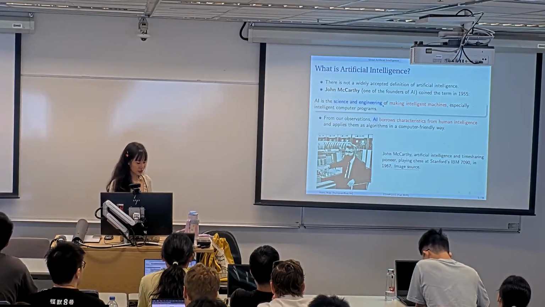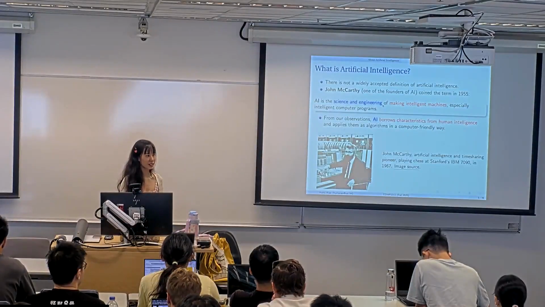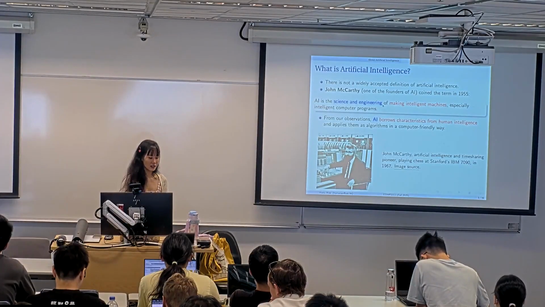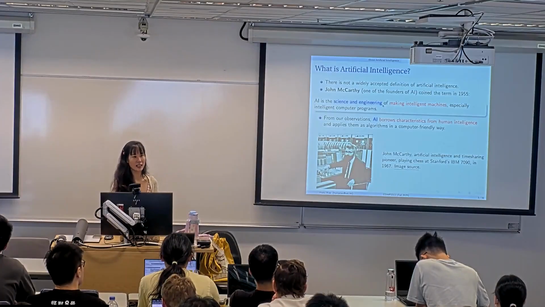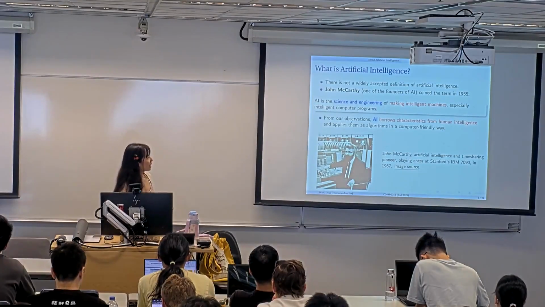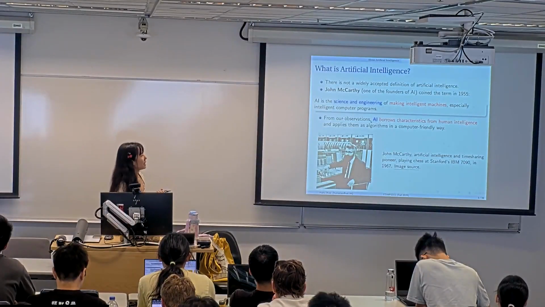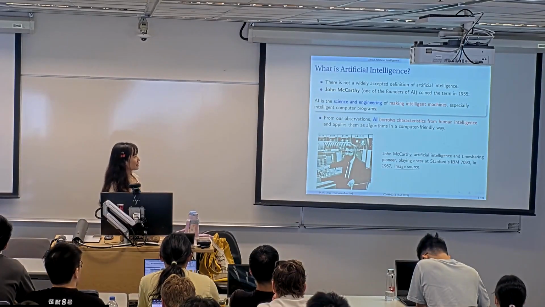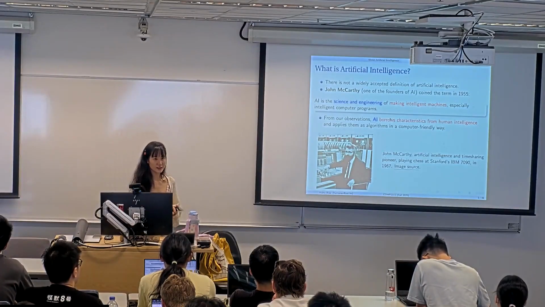Actually, I think previously some of you indicated a more specific definition about AI, that is, learn something from the data and make the output. And from our observations, AI borrows the characteristics from human intelligence and then applies them as algorithms in a computer-friendly way.